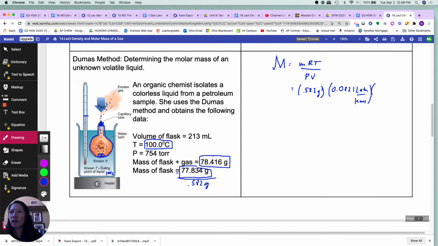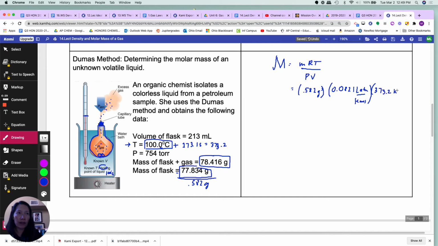So your temperature of boiling water is 100 degrees Celsius, and you have to convert that to Kelvin. 273.15 added is equal to 373.2 because your thermometer only has one decimal place. Again, the reason I'm using 100 degrees Celsius is because your water is boiling, which means that all the liquid has turned into gas.